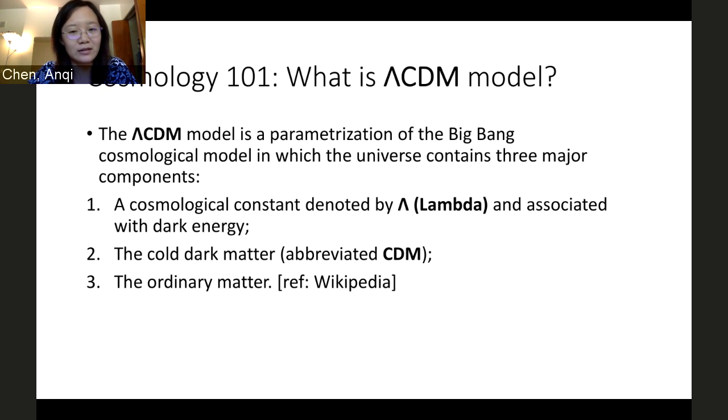First is Lambda, denoting dark energy, a negative pressure component. Then we have cold dark matter, matter that doesn't interact with others through any standard model forces, only through gravitational forces. And the last one is ordinary matter, which forms our daily life, our Earth, our lives, and radiation is also included in this third component.